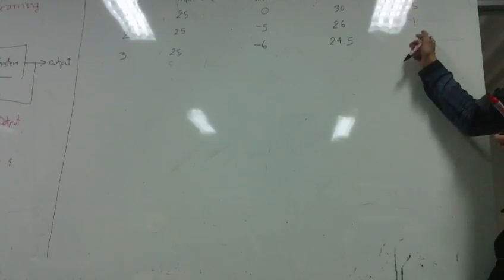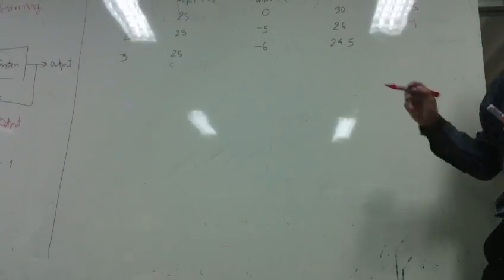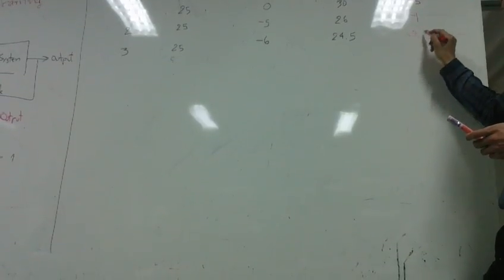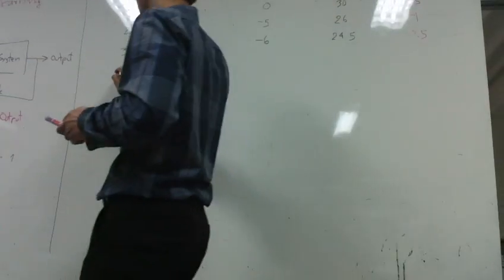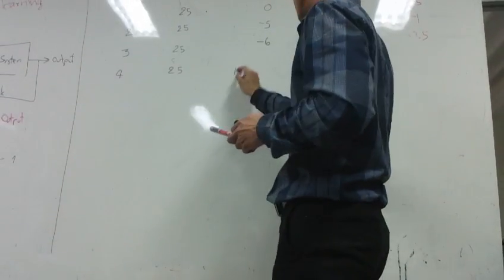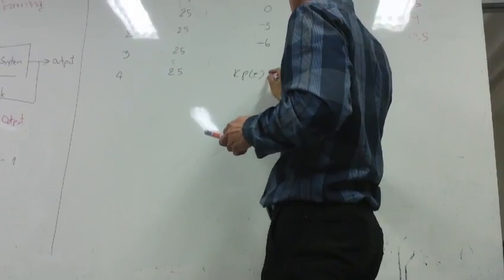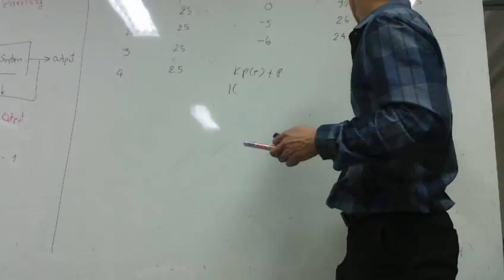Let's say it goes to 24.5 Celsius. So what's the error now? 0.5. You will do the same thing. KP times error plus previous value. KP is 1.